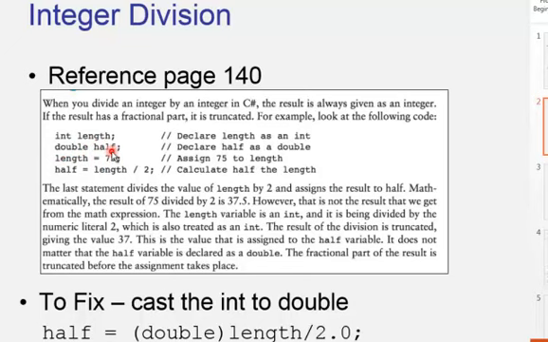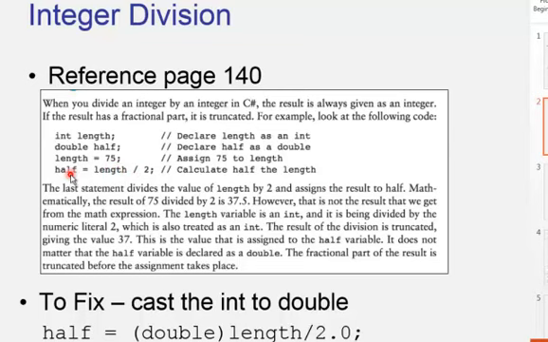So now you think, well, length divided by 2, sure, that's 37 and a half. It's not. It actually does an integer division. So it does 75 divided by 2 and truncates the 0.5, so half becomes 37.